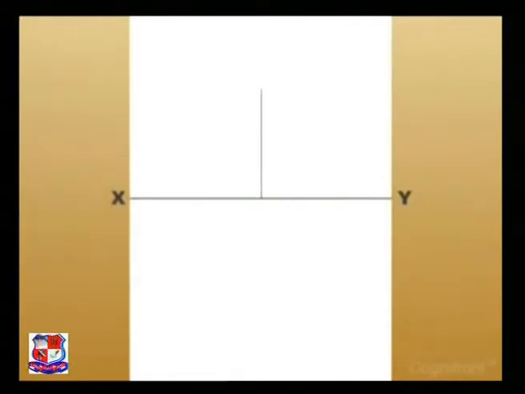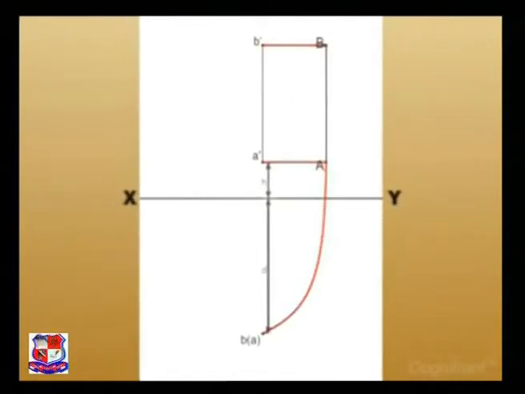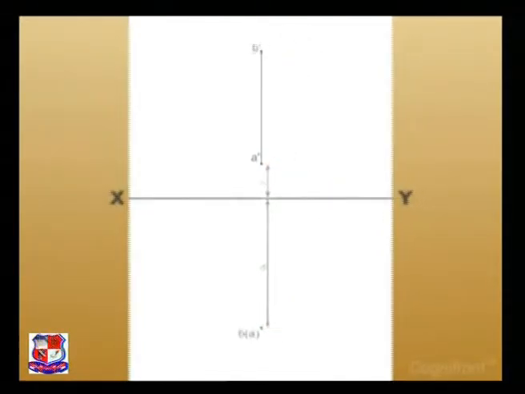Then draw a line A'B' above and perpendicular to XY with endpoint A' at a distance of h units from XY. Next, mark a point BA below XY at a distance of d units in line with line A'B'. Line A'B' and point BA are the projections of the line AB on VP and HP respectively.